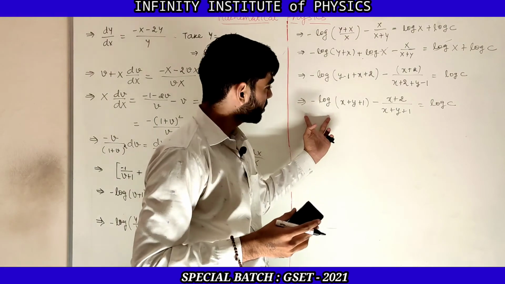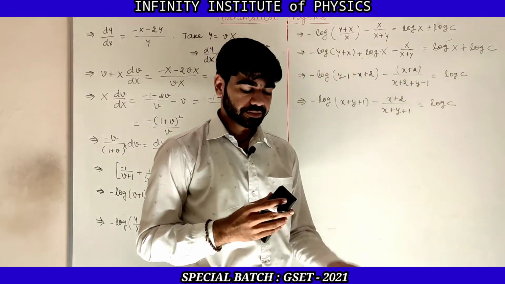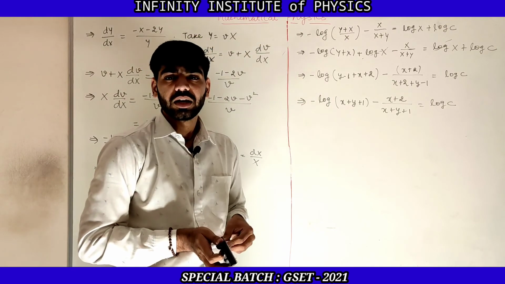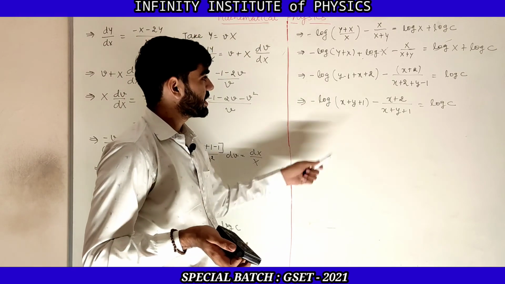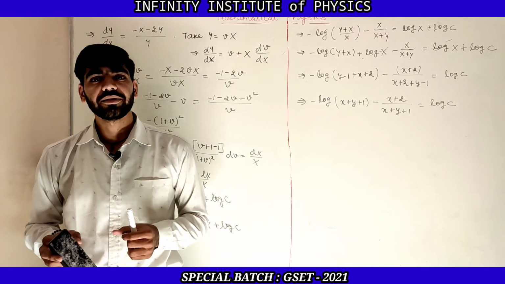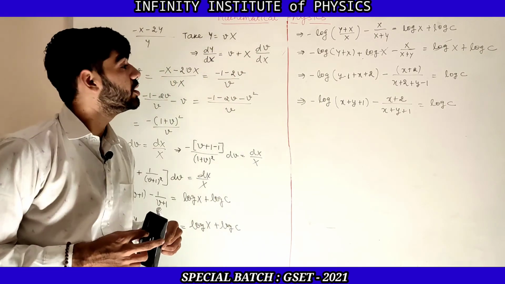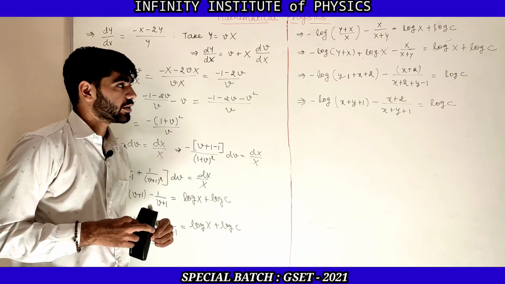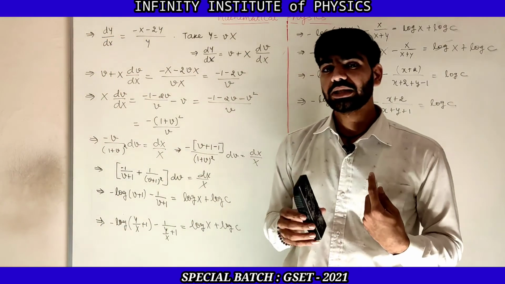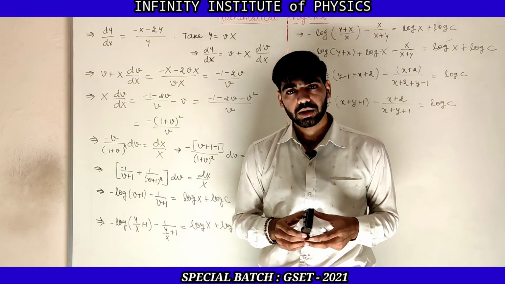And now you can take this term on the right hand side, and then you can simplify it further, but otherwise up to this is also the answer of the given differential equation, that is the solution of the given differential equation. And now you can realize how lengthy this example is to solve.